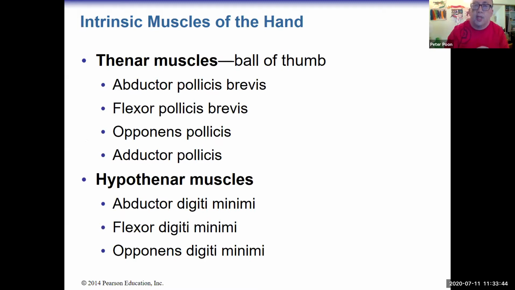So here, you have two groups of muscles. If you feel your palm, you have one big group of muscles under the thumb. The other group of muscles is here, on the pinky side. This group of muscles is called the thenar group.